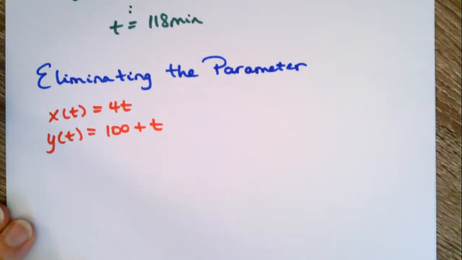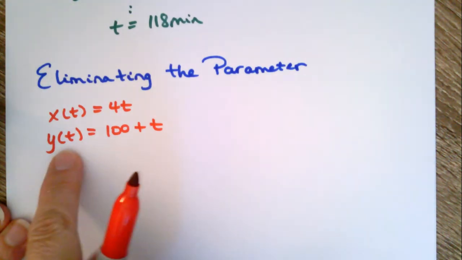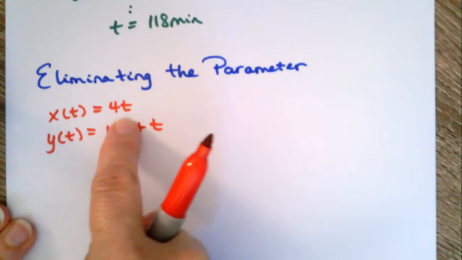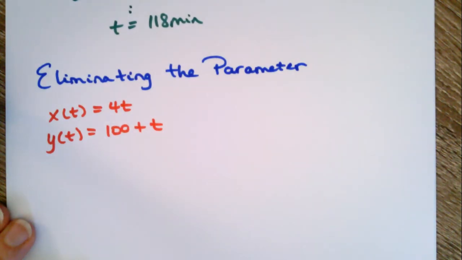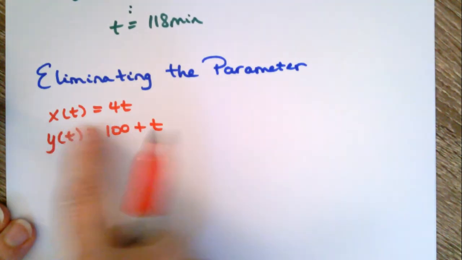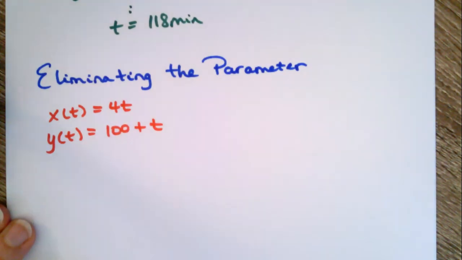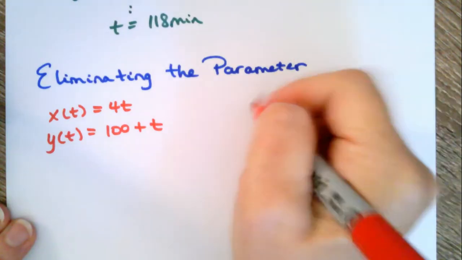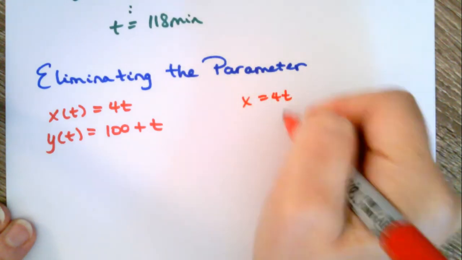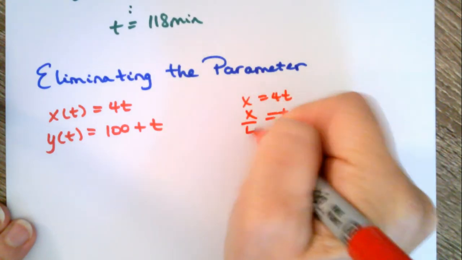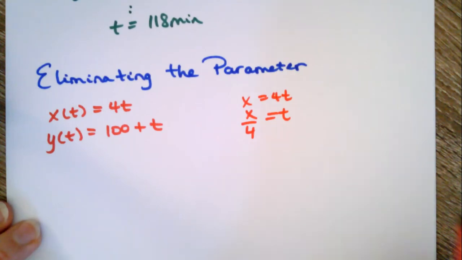And personally, I prefer to always start with the x equation. You can solve the y equation for t and then plug into x, but then you have to solve for y again. If we solve the x equation for t and plug it into the y equation, then we're already solved for y. So if x is equal to 4t, t is, of course, x divided by 4.